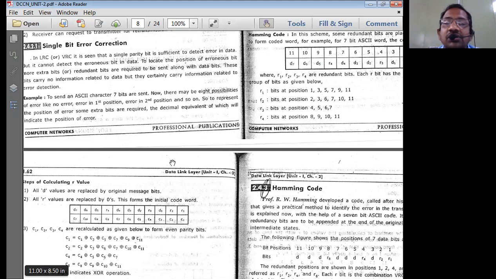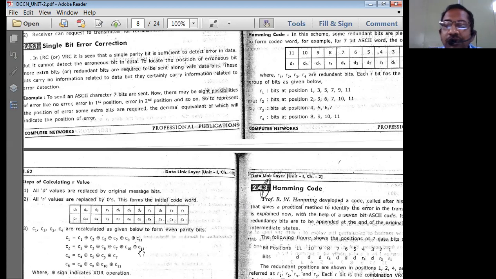I can write C1 as equal to C1 XOR C3 XOR C5 XOR C7 XOR C9 XOR C11. That means the same bit positions I am going to use: 1, 3, 5, 7, 9, 11. For C2 I get 2, 3, 6, 7, 10, 11 bit combinations. All these I perform with XOR operations.